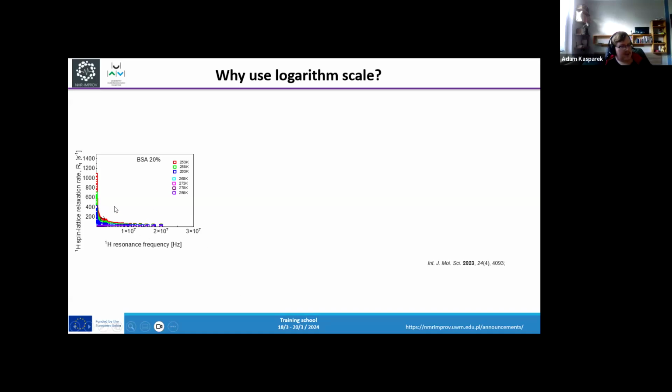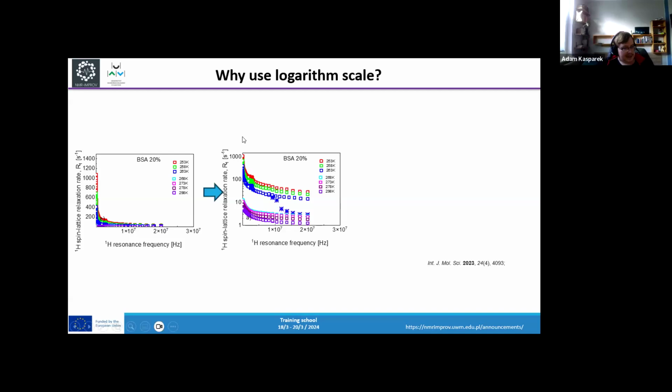Of course, the first results are so big that we cannot see what is going on. If we put the results on the logarithm scale on the y-axis, it becomes much more readable. We can see what happens here, and that we have some very different results.